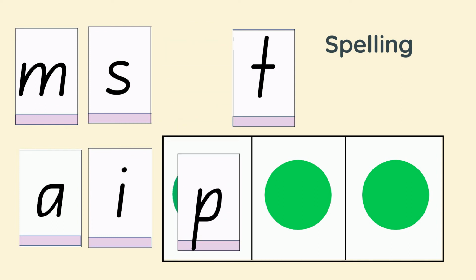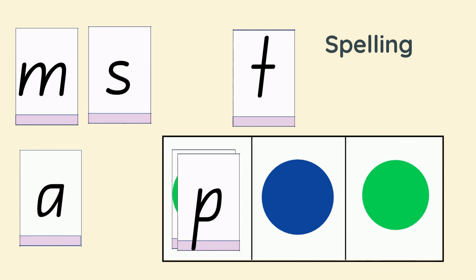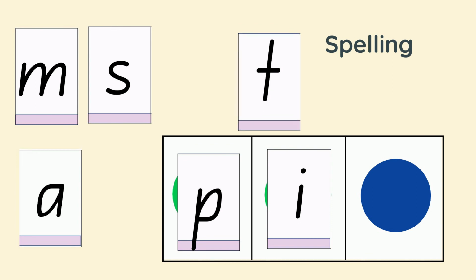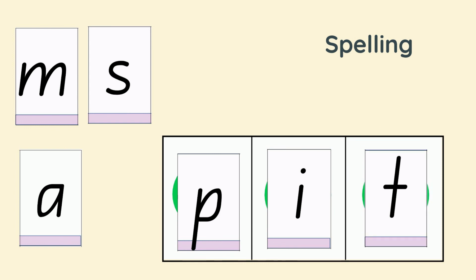It is P. So I have p, so we go p, I. The second letter is I. Touch the letter that represents I. It's I. P, I, t. T is my final sound. Touch the letter that represents T. The letter T. We have just spelled the word pit.